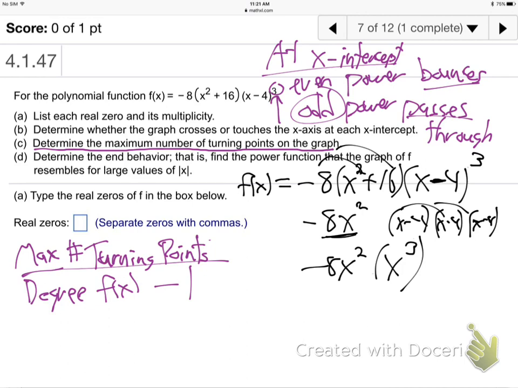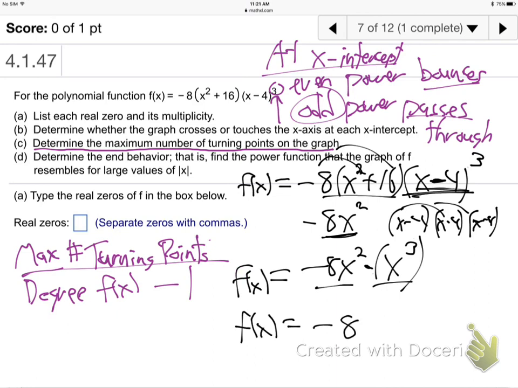If I FOIL this whole f of x out, I would get minus 8x squared from the first two, and x cubed from the other, and they would multiply, and the very front term would be minus 8x to the fifth, wouldn't it? Because powers add, right? Plus or minus smaller stuff that's less important.